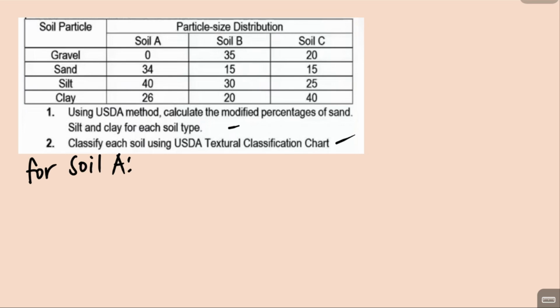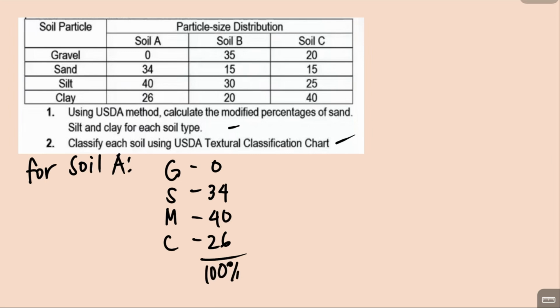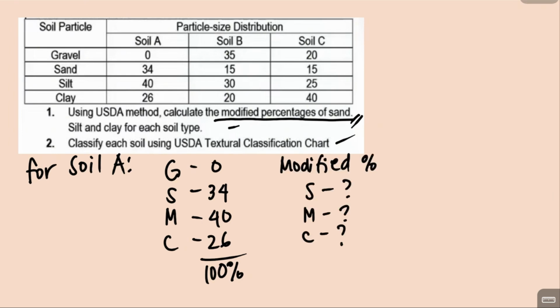For soil A, we will notice that the gravel percentage is 0. Then for sand we have 34, for silt 40, and clay is 26. These percentages must total or sum up to 100%. To check whether the modified percentages are correct, our first step is to remove the percentage of gravel, but for soil A, we only have 0% gravel.